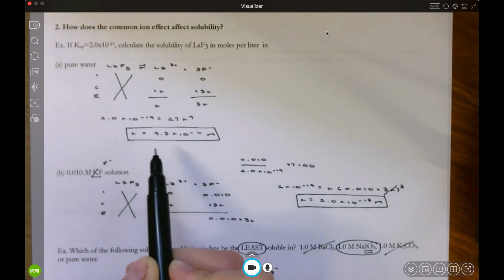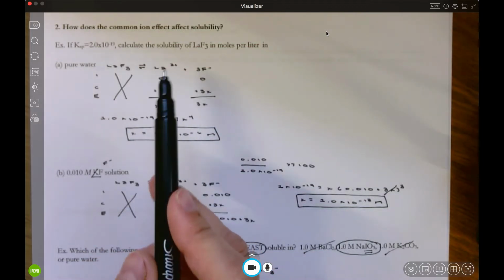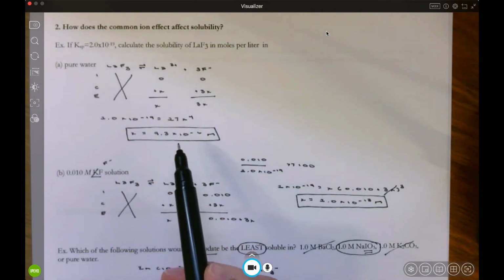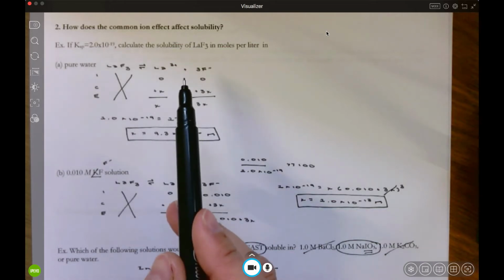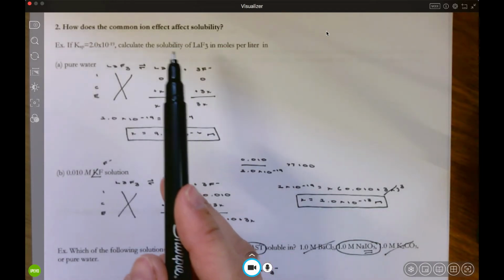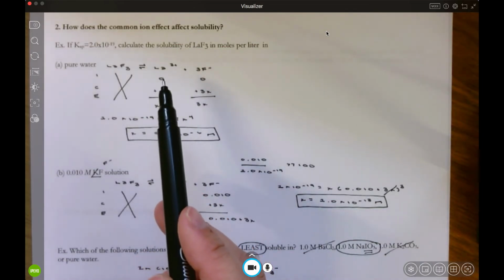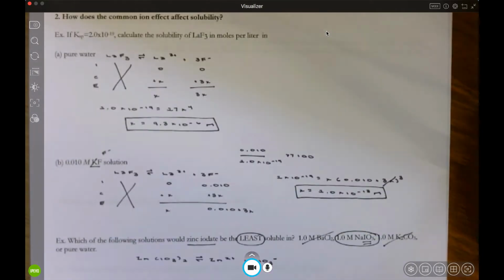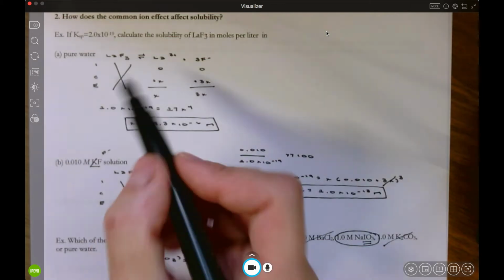If I add more La3+, more than 9.3 times 10 to the negative 6, it's going to cause my Q value, because remember Q is products over reactants, to be larger than my KSP, right? Because I'm adding more product, I'm adding more to the numerator.